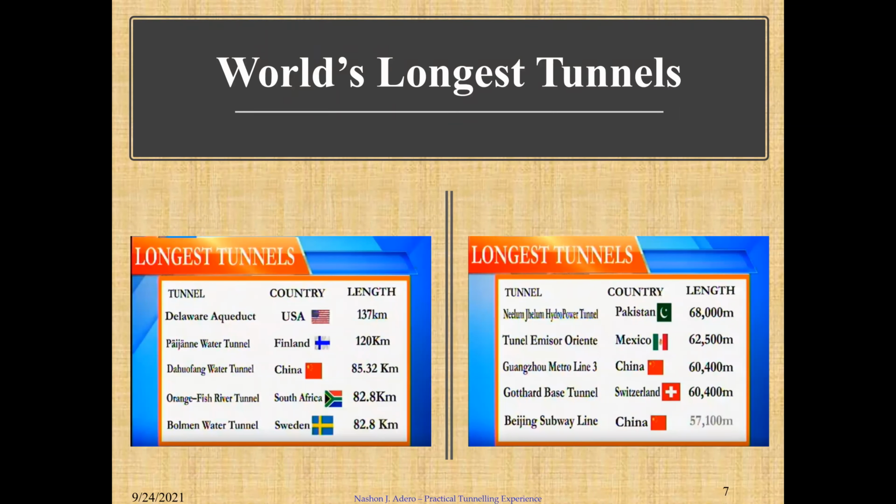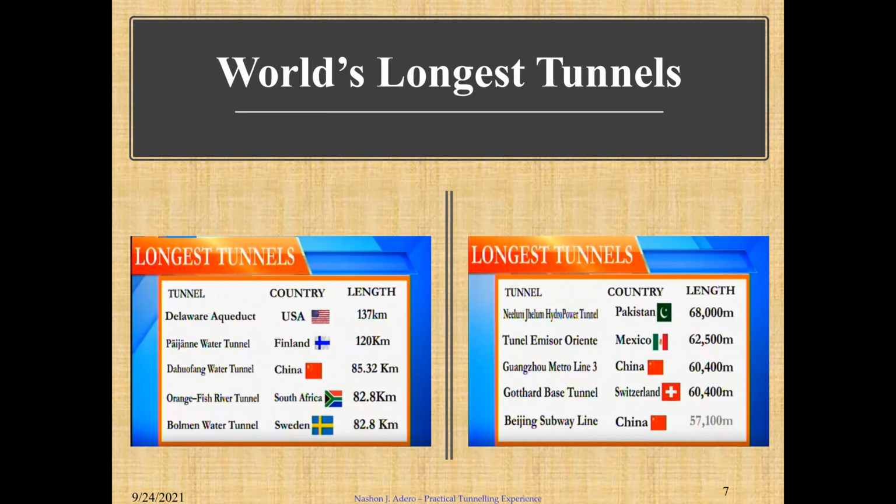So just see some aspects of the world's longest tunnels, like this Delaware Aqueduct, all 137 kilometers long. The first ones I gave you, for example, the Gotthard Tunnel, that was a transport tunnel, rail tunnel.